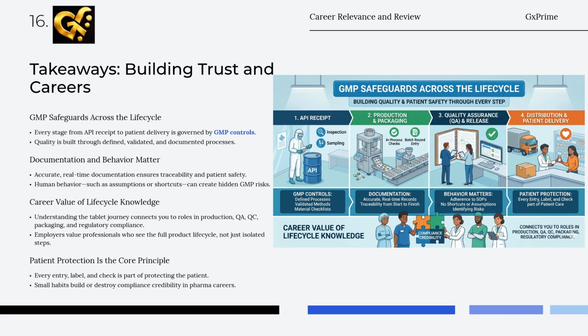Even small shortcuts, assumptions, or missing records can create patient risk. At the same time, small positive habits, such as careful checks, timely escalation, and disciplined documentation, build professional credibility and industry trust.